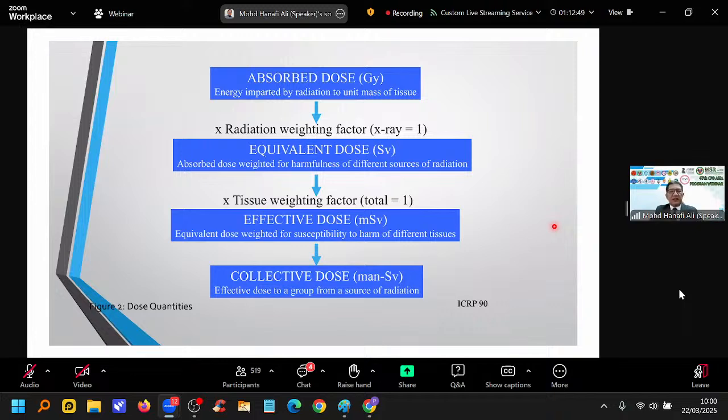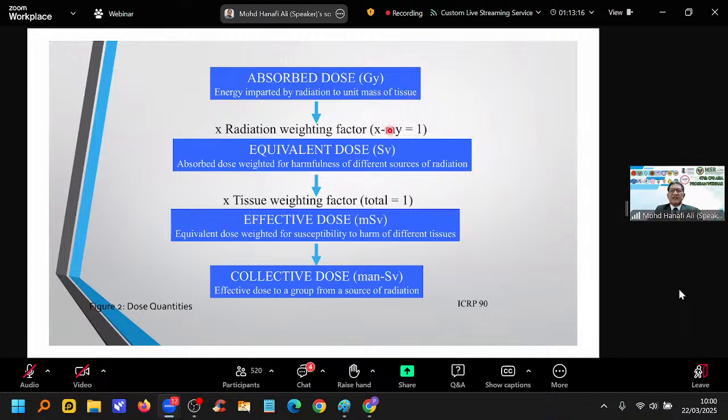I don't know if I want to mention this again or not, but this is very brief. Let me take about 30 seconds maybe. The first thing that we normally do in a CT scan, we call the absorbed dose, in gray. This is just the radiation imparted per unit mass of tissue to the patient.